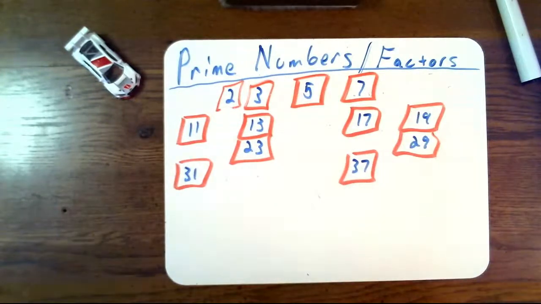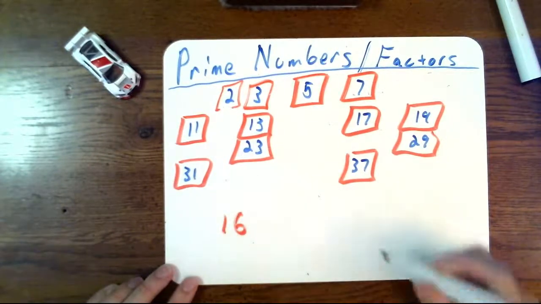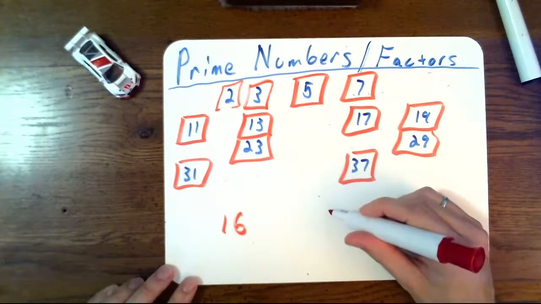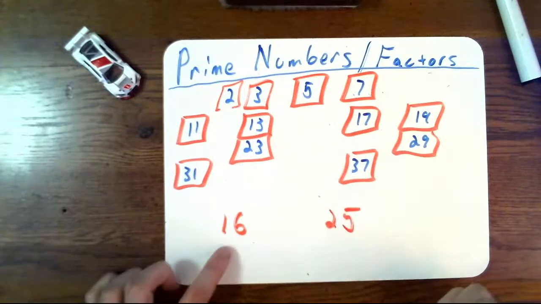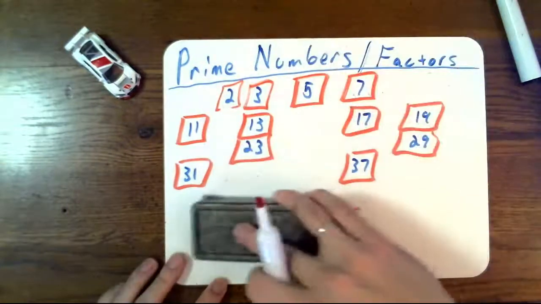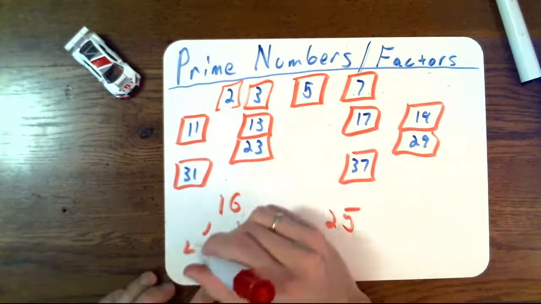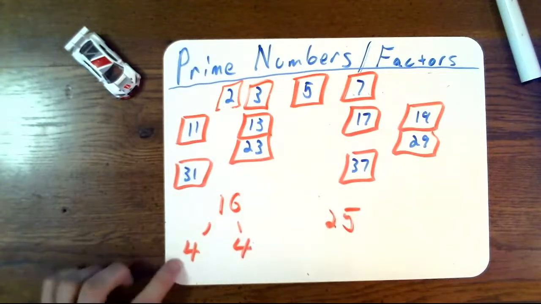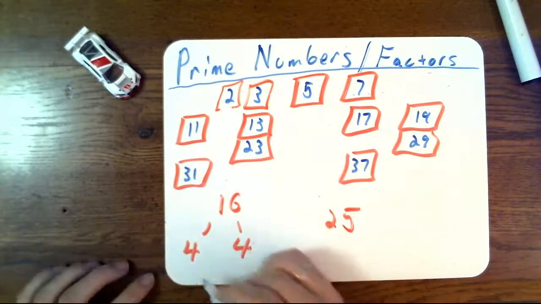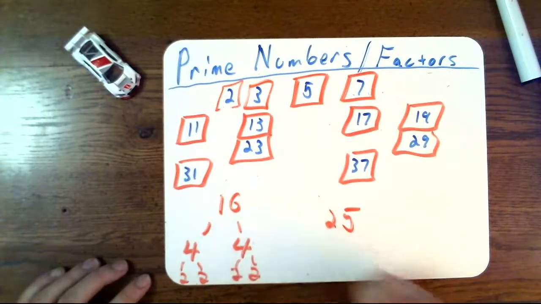So what is an example of a composite number? Like 16 or 25. 16 can be the result of two numbers being multiplied together. I know it's 4 times 4, and 4 is the result of two numbers being multiplied together: 2 and 2, 2 and 2.